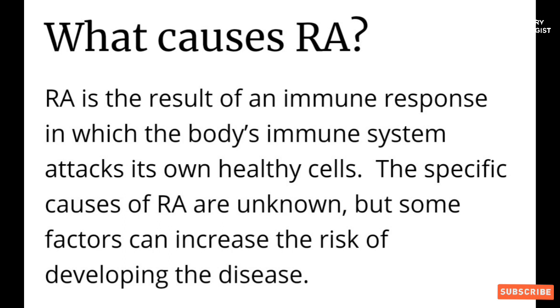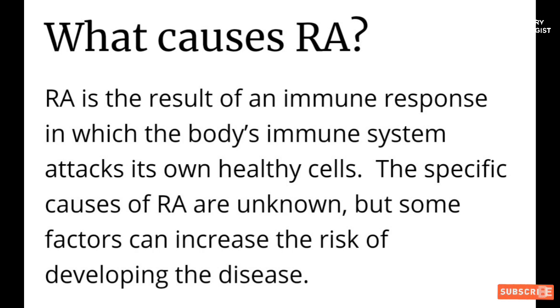Now next, what is the cause of rheumatoid arthritis? As we studied first, rheumatoid arthritis is an autoimmune and inflammatory disease. Autoimmune means that the major cause is an immune system response in which the body's immune system attacks its own healthy cells.